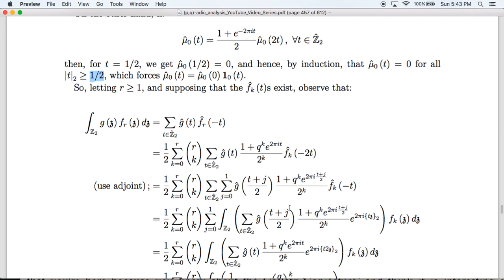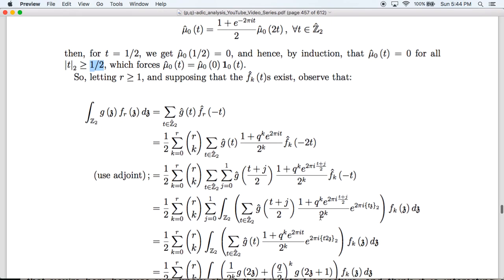Then we just rearrange, and here we are just using the definition of the integral with respect to g of t. So note here that this is a sum over all t of some function of t times fk hat of negative t. So that by definition is the integral of the sum of the Fourier series here times fk of z. This is guaranteed to converge because g is continuous, and therefore g hat tends to 0 q-adically.